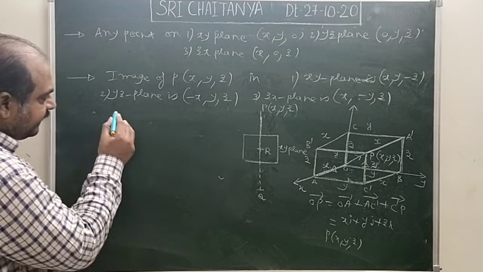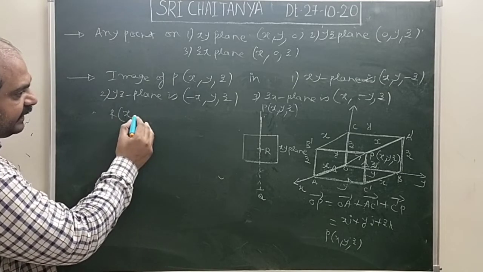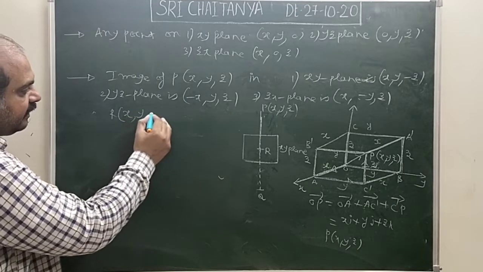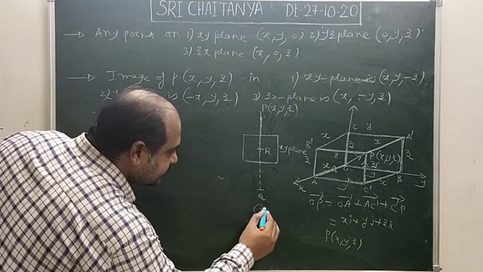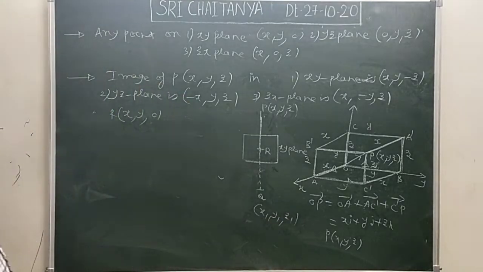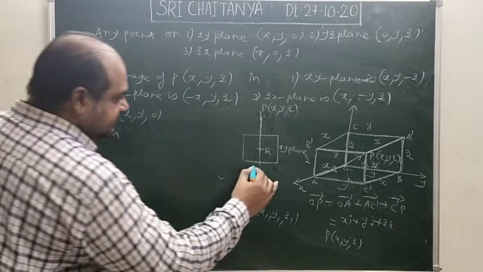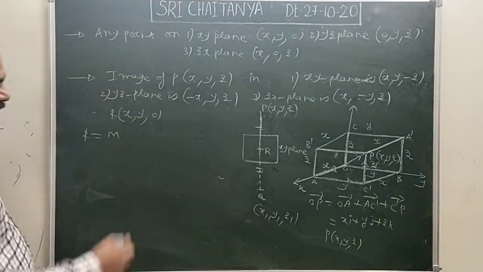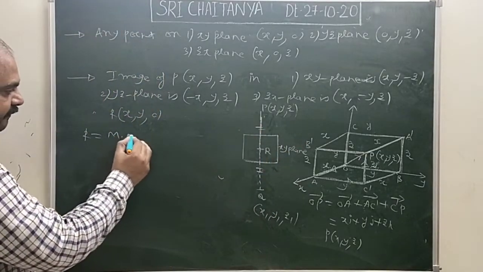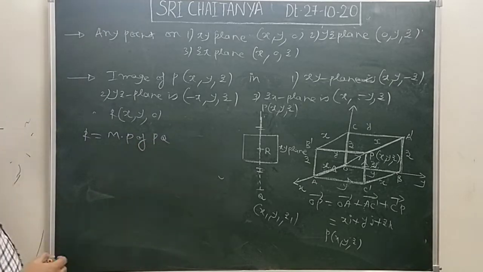The foot of perpendicular on the XY plane is nothing but (X, Y, 0). Let us say the image is (x1, y1, z1). That point you need to calculate. R is the midpoint of PQ.